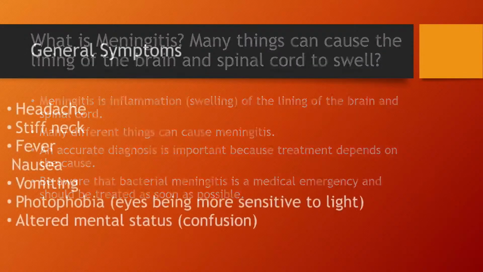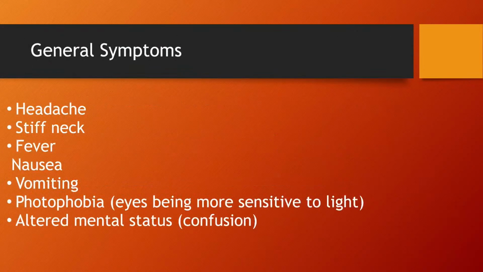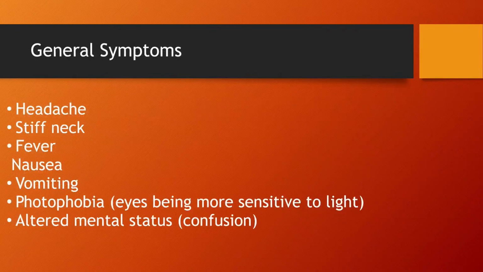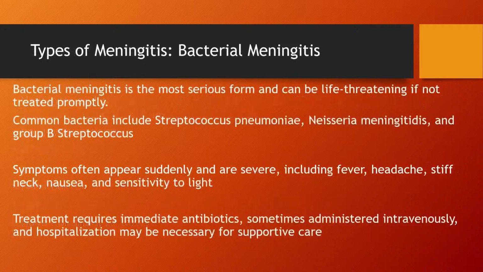Common symptoms include headache, stiff neck, fever, nausea, vomiting, photophobia, and altered mental states. We have different types of meningitis: bacterial, viral, fungal, parasitic, and then non-infectious meningitis.